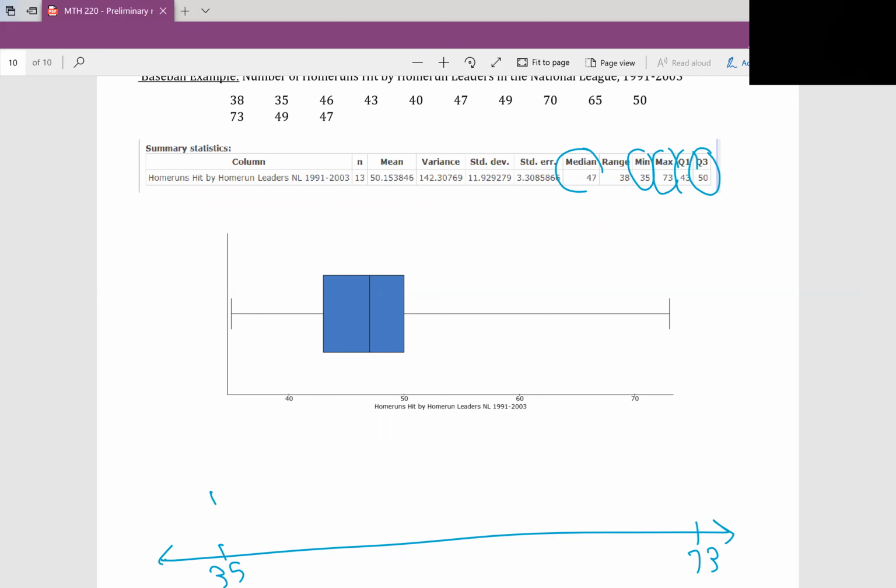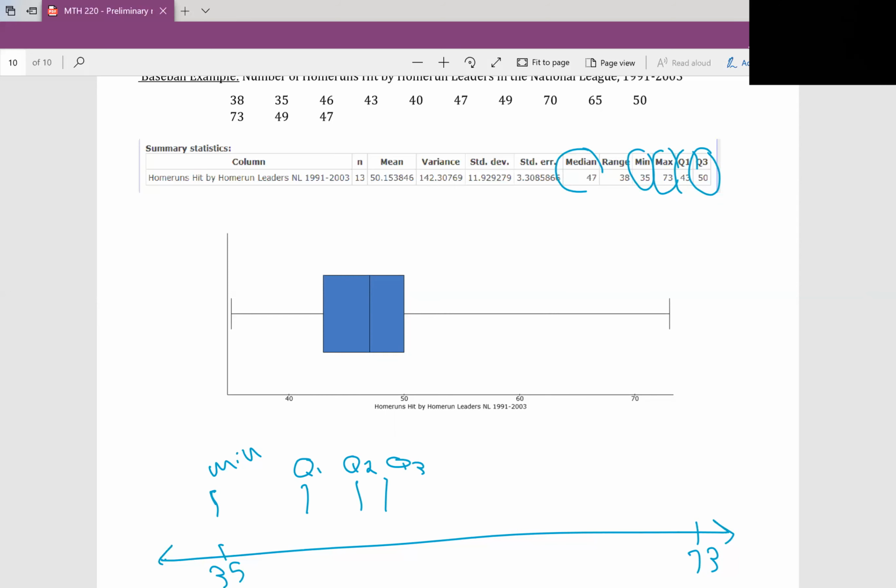And so I'm going to start labeling them from first to last. So first I have my minimum. And then my Q1 is at 43, maybe about right there. Okay, my median is about 47, maybe about right there. Okay, my Q3 is at 50, about right there.